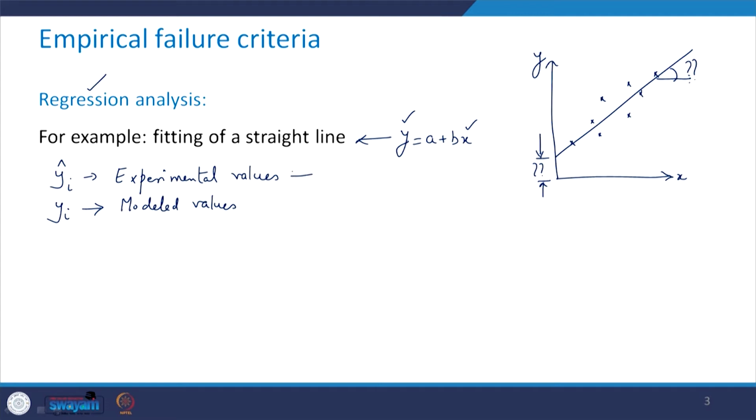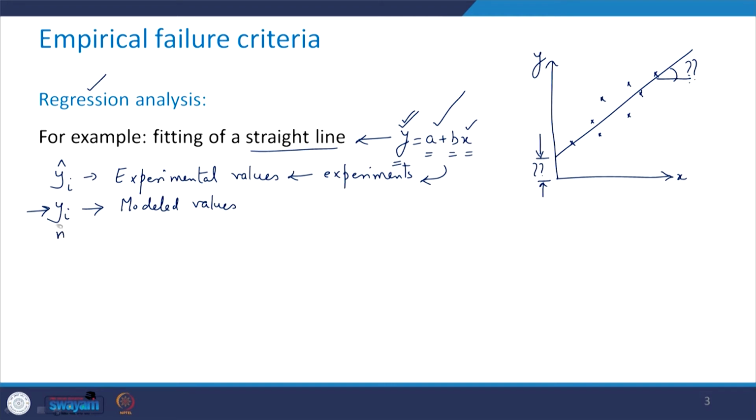This is what we are getting from the experiments that I am going to conduct in the lab. And since I want to fit this straight line which has y equal to a plus bx, this is the model that I want to fit to this experimental data. So whatever value of y I get from this expression falls under the modeled values.